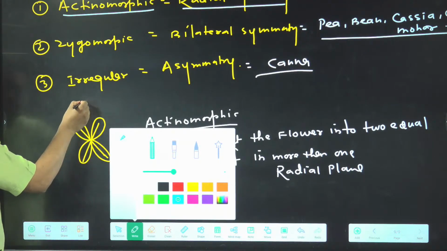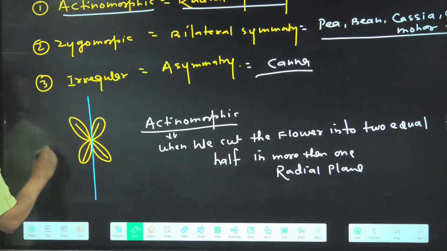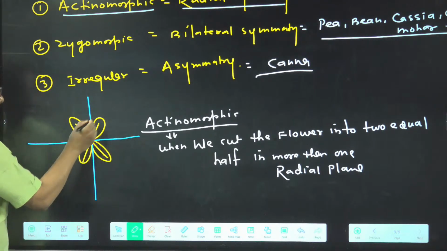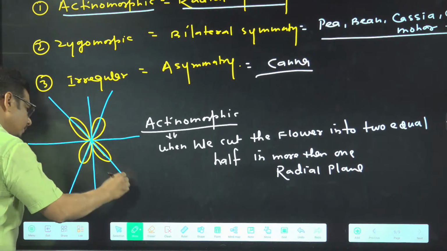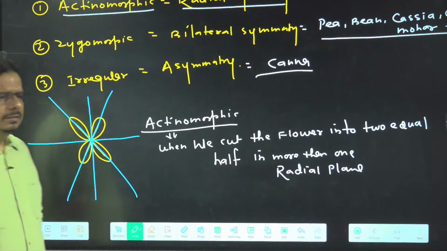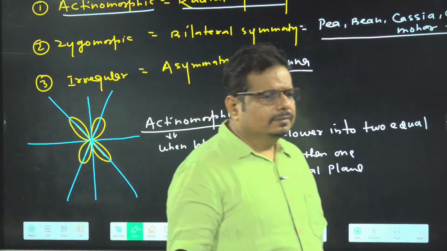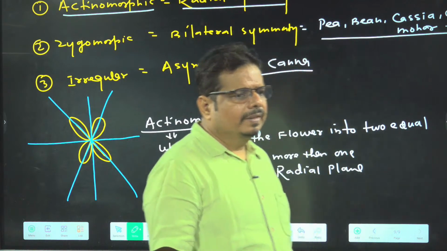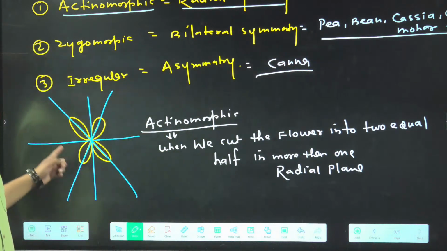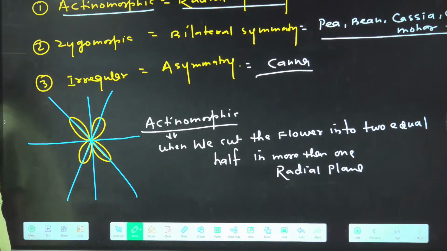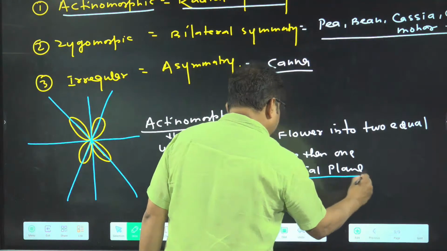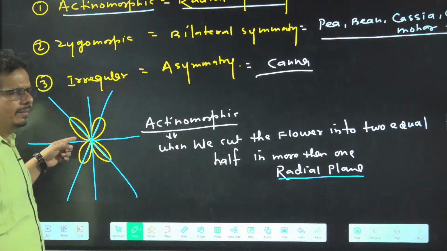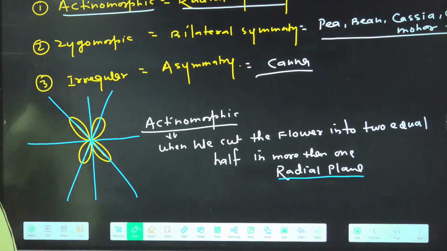We can cut it into two equal halves in such a way, in such a way, in such a way. Are you getting the idea? So it is which one? Actinomorphic flower. Is it clear? So when we cut the flower into two equal halves in more than one radial plane, it is called actinomorphic flower.